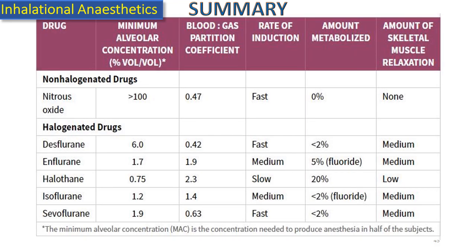This table also summarizes the differences between the inhalational anesthetic agents under headings of minimum alveolar concentration, blood gas partition coefficient, rate of induction, amount metabolized, and amount of skeletal muscle relaxation. Here we can appreciate that nitrous oxide has the highest MAC value, and for rate of induction, desflurane, nitrous oxide, and sevoflurane have the fastest rate of induction.